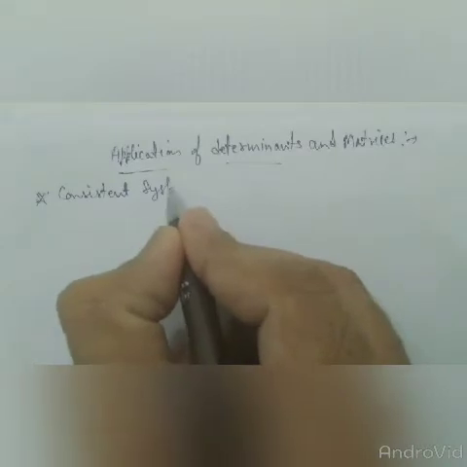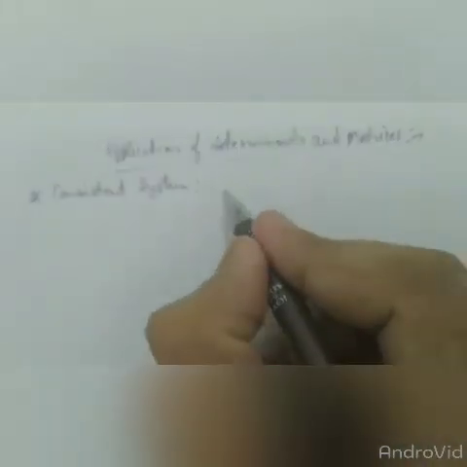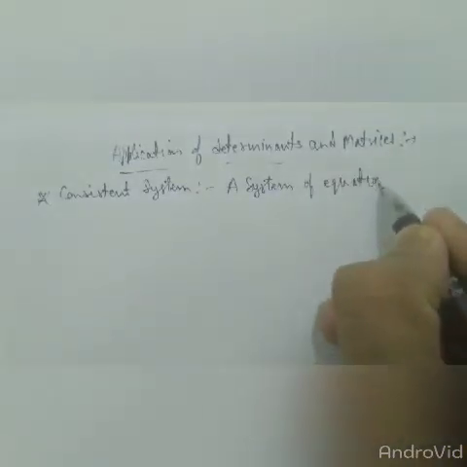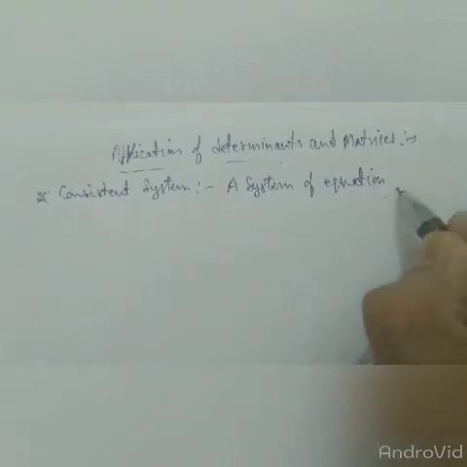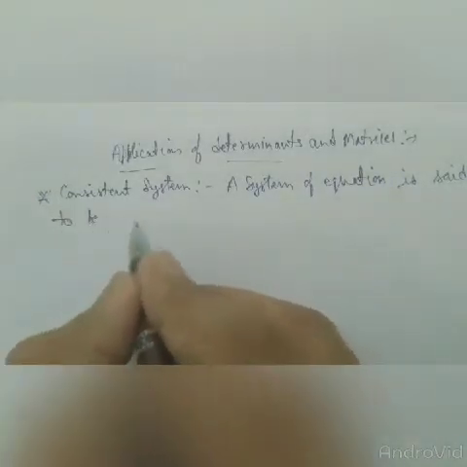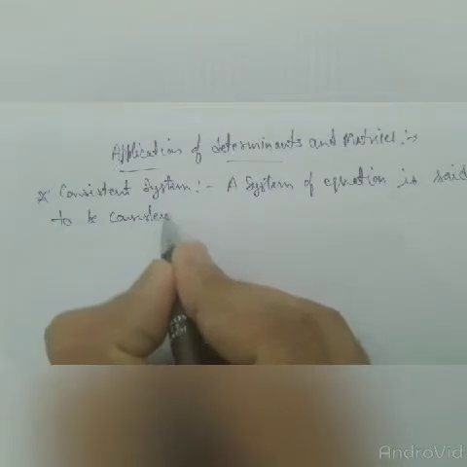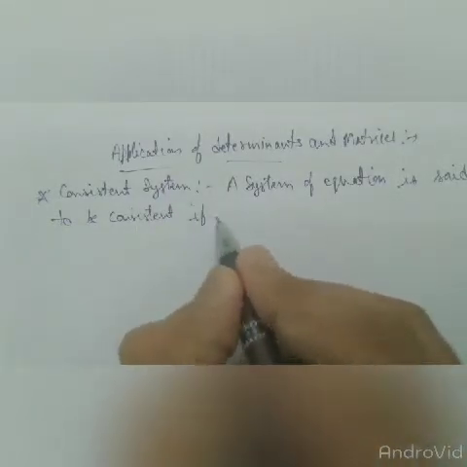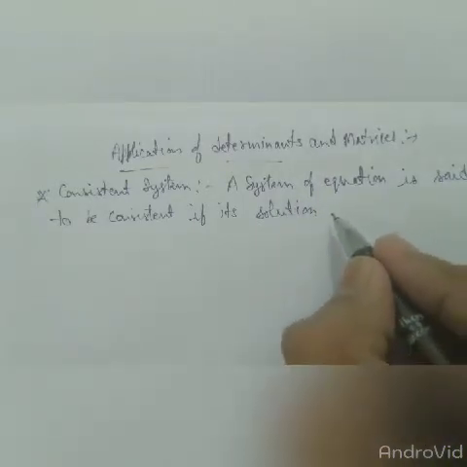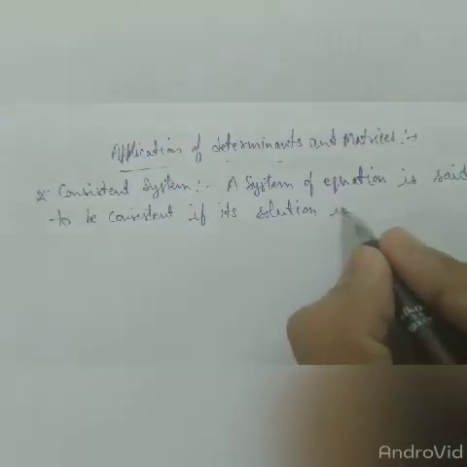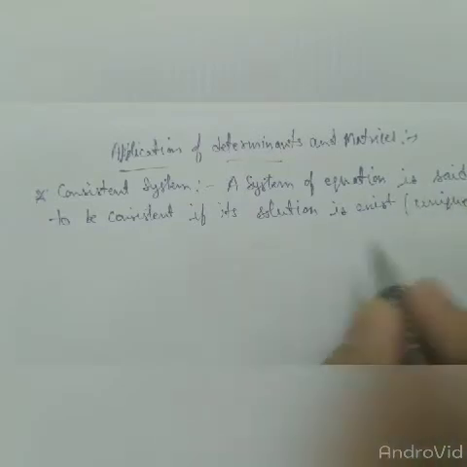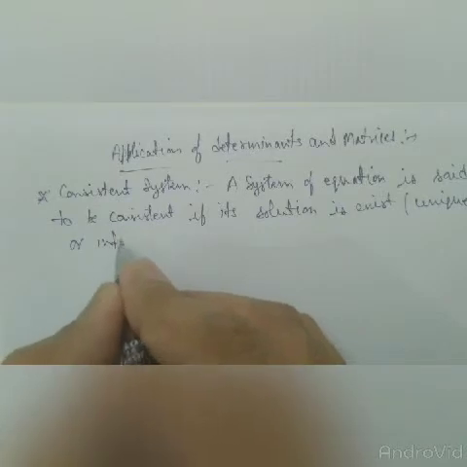A system of equations is said to be consistent if its solution exists, meaning it may be unique or infinitely many.